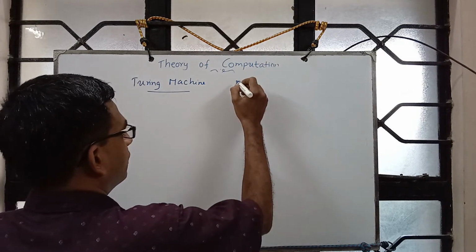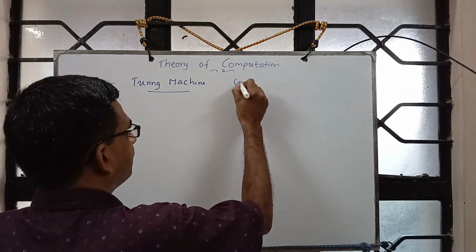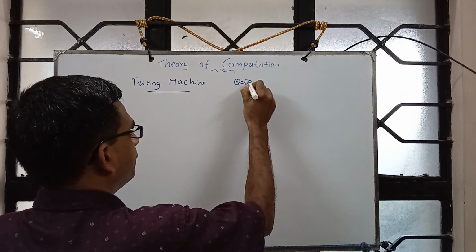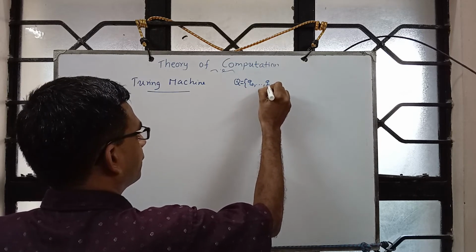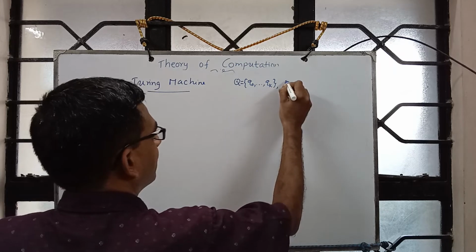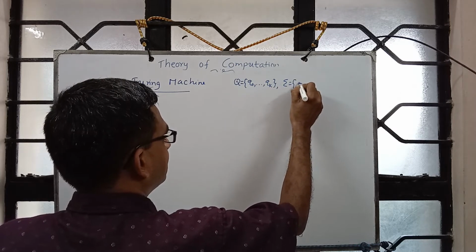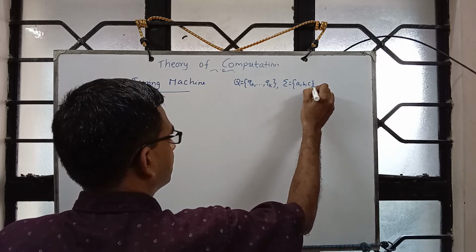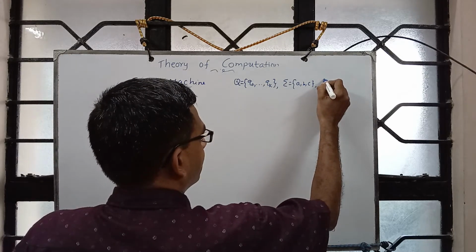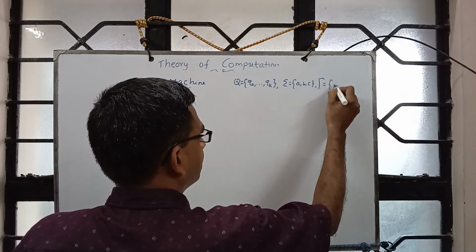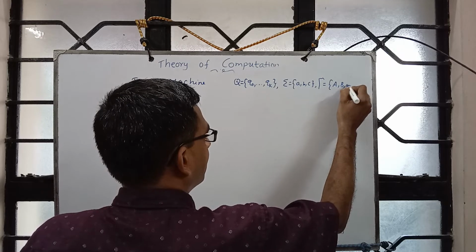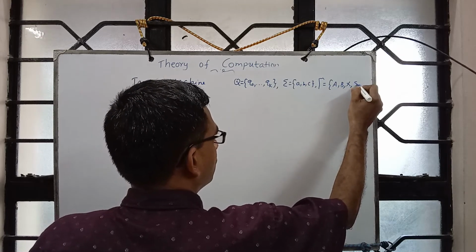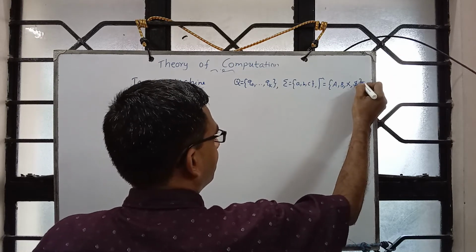The signature has the following. We have a set of states Q: Q0 to Qk. Then sigma contains a, b, c, and so on. Then we use additional symbols like capital A, B, X. We use dollar to mark the end of the tape, and so on.